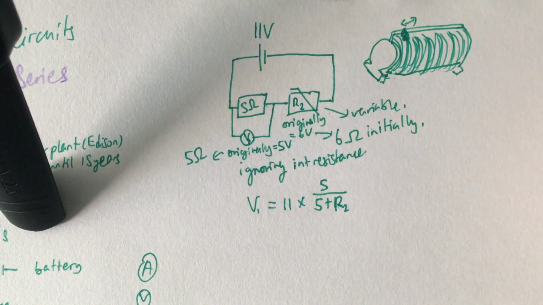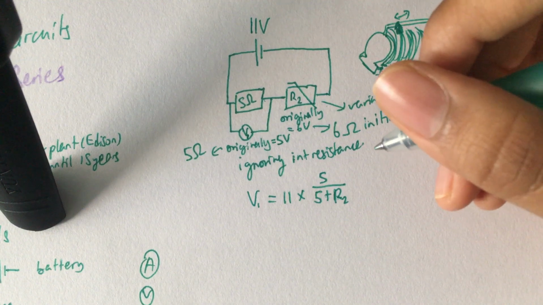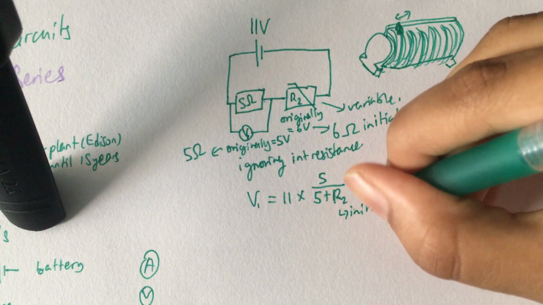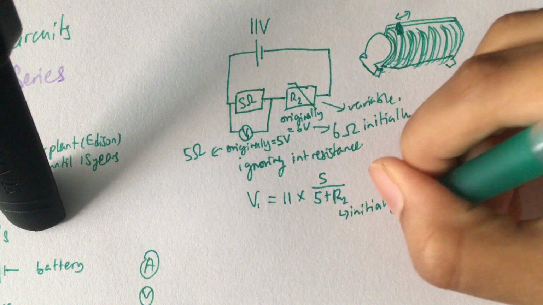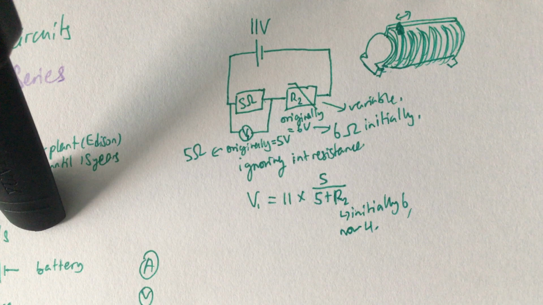So it's kind of like the overall EMF times the resistance of that particular component over the combined resistance of the circuit. I guess that's the easiest way to put it. That's how you find out the actual PD of each of those components. Because it's a series circuit, so it kind of works that way. You can just add up the resistances and not have to worry about it.